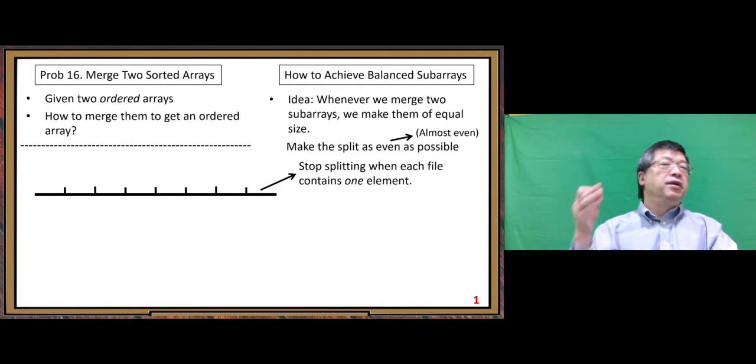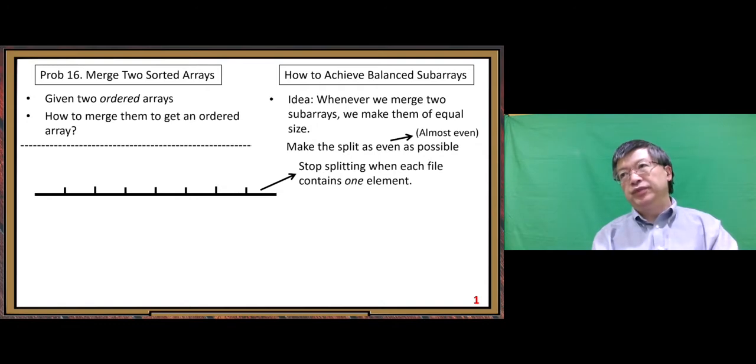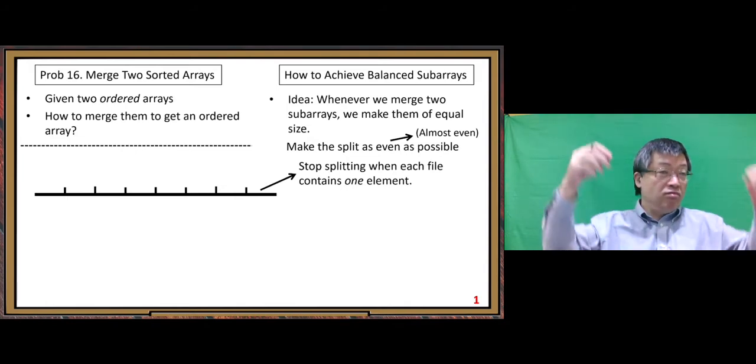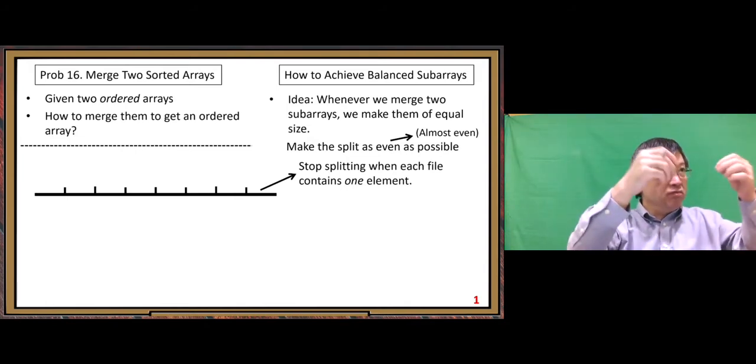After that, we can do the merging. Merge two adjacent subarrays. A one element array we treat as sorted, right? A special case, already sorted. We just merge two adjacent one element arrays. That's easy.